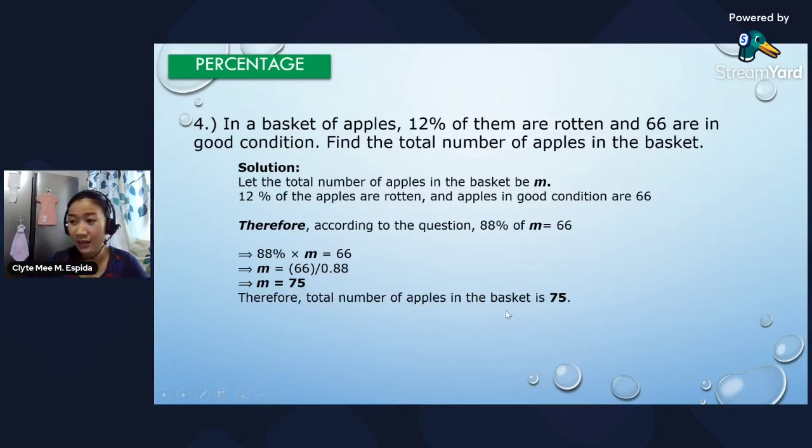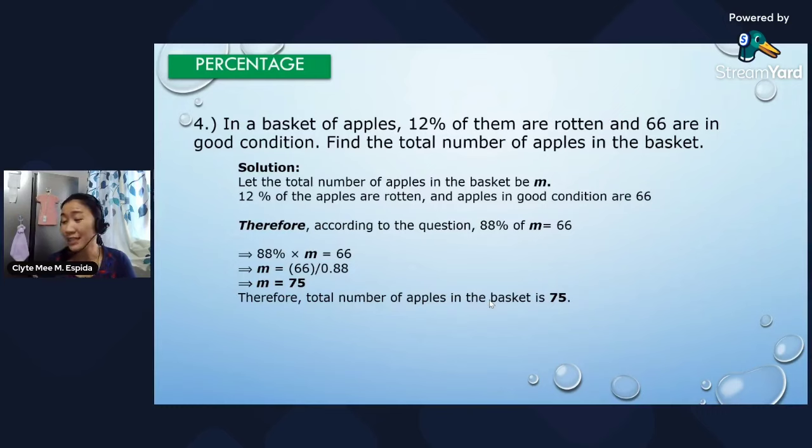Or, anong gagawin natin? Nag-trial and error, siguro yung iba, the answer is 74. So, kukunin natin yung 88% ni 74. So 0.88 times 74, the answer is 65.12.